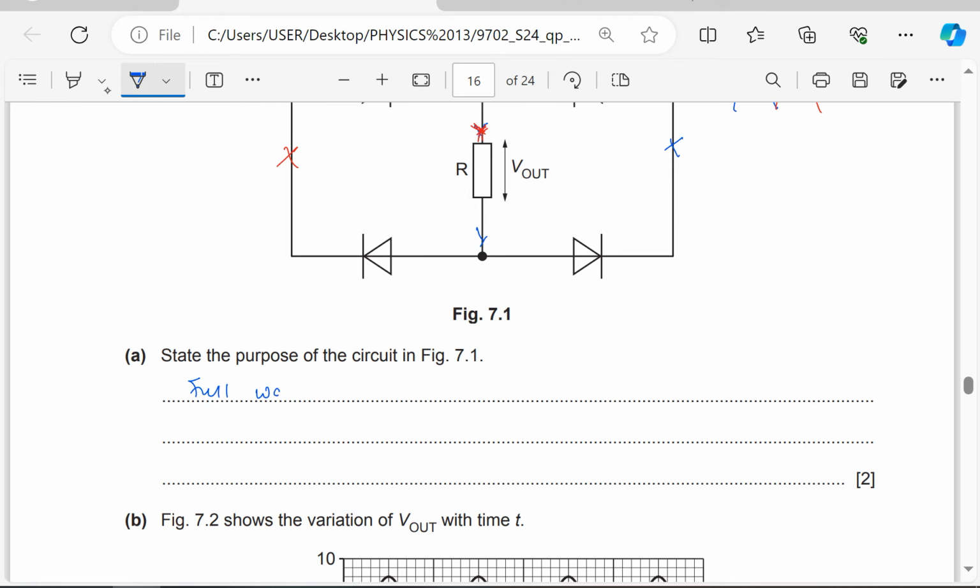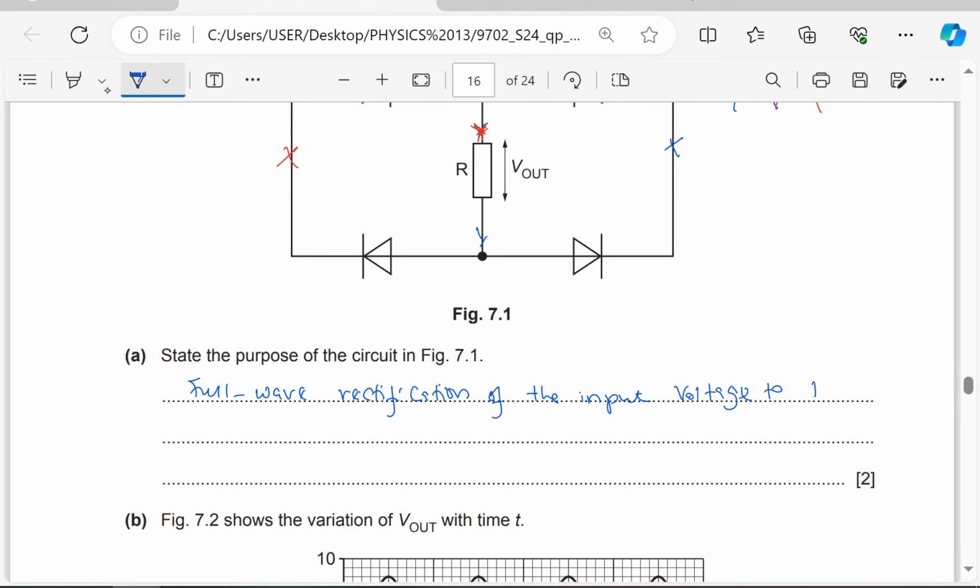Full wave rectification of the input voltage to DC, or direct voltage. You can say direct voltage if you want. Full wave rectification of the input voltage to direct voltage. Let me just put direct voltage, because when I put DC, it confuses students.